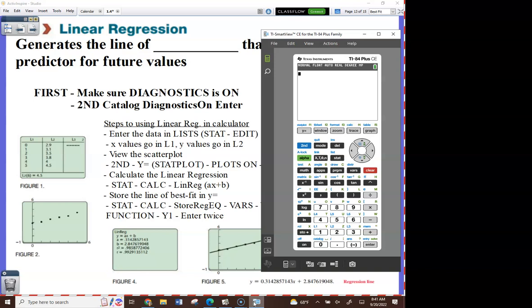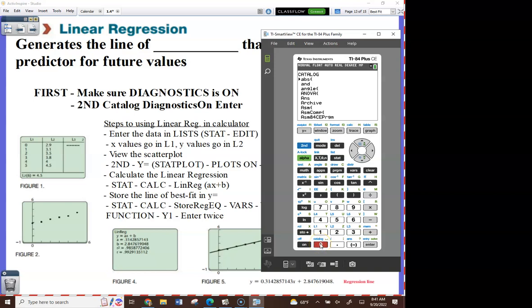There is one thing that I will make sure before we take the test, and that's that your diagnostics is on. Because if your diagnostics is off, it's not going to give you the right answer. So to do this, I have it typed right here. You're going to hit second. There's no button for it. We just have to find it in the catalog. Second catalog, which is the number 0.